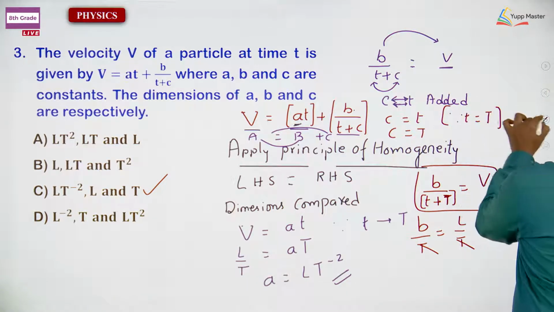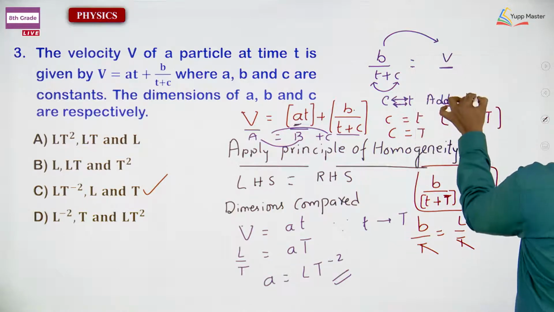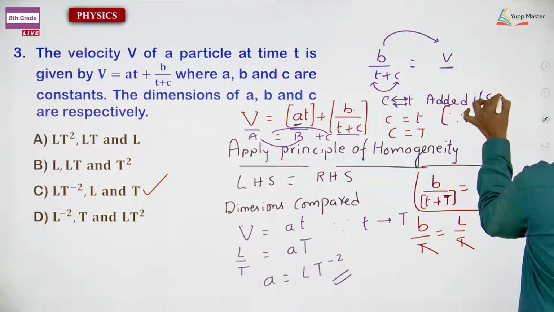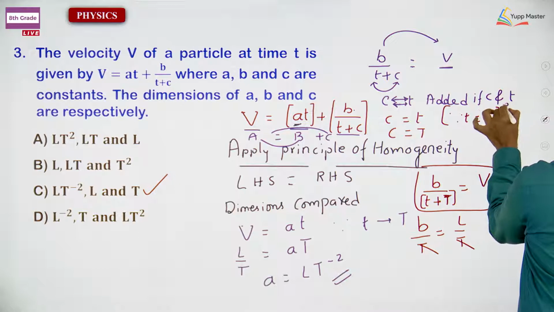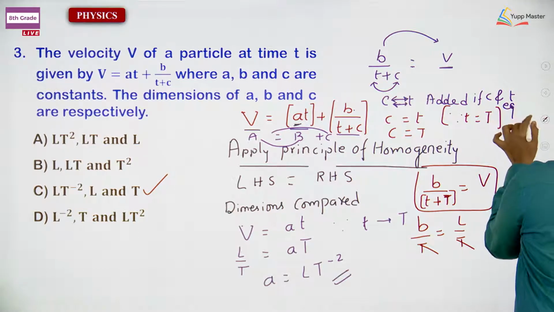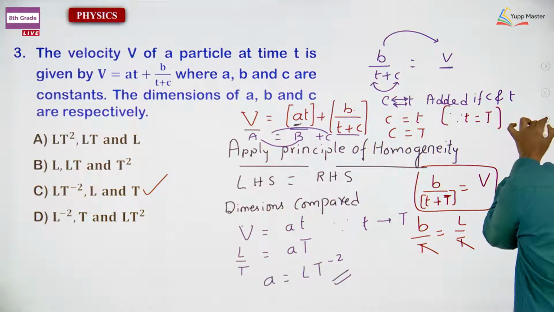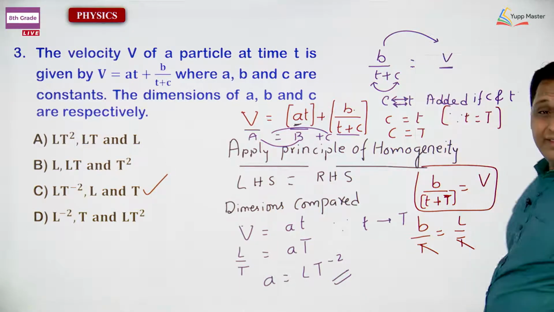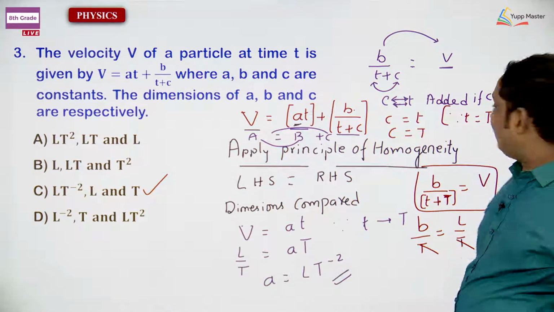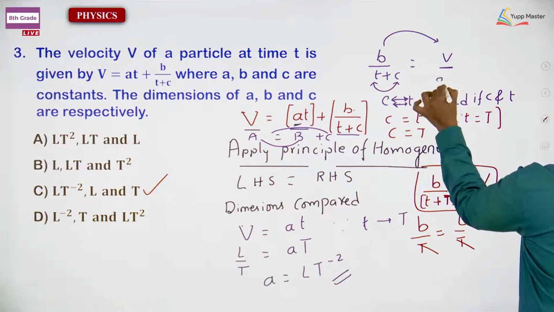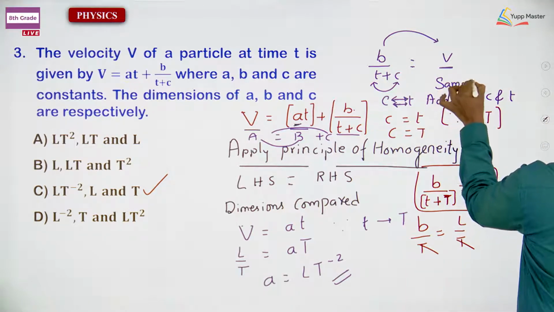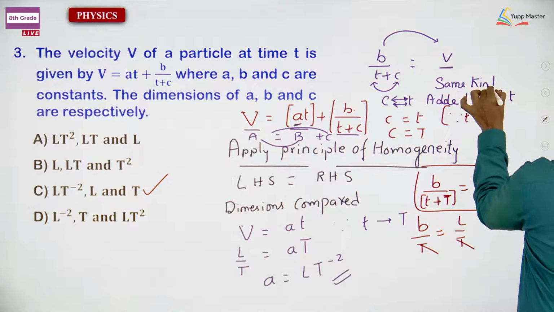If C and T are of the same nature, you have to write that C and T are of the same kind.